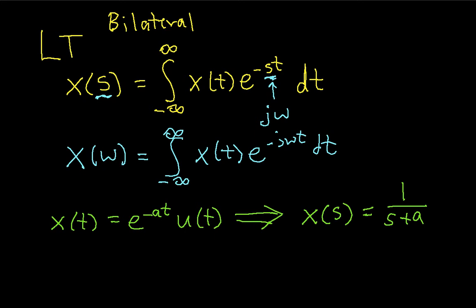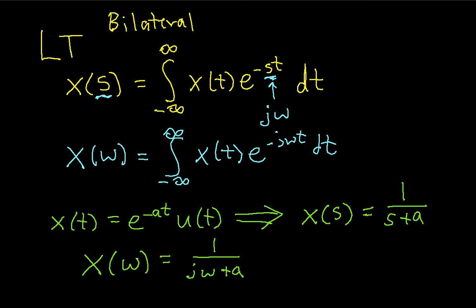Using this result that we've just looked at, we can say that x of omega is equal to 1 over j omega plus a. So there you have it. Possibly your first Laplace transform, and that was pretty easy, wasn't it?